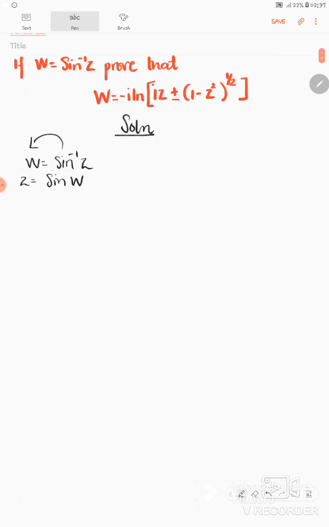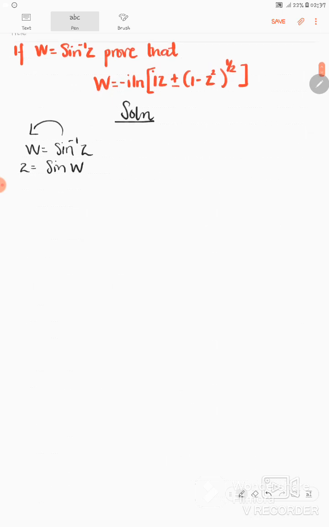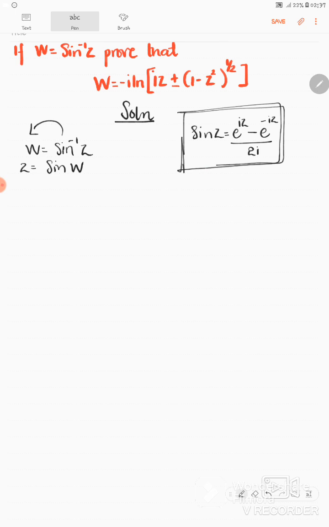And according to the hyperbolic function, when we have sine z, it gives us exponential iz minus exponential minus iz all over 2i. Now when we have this, let's break it into this.